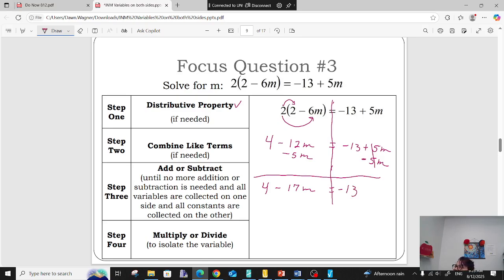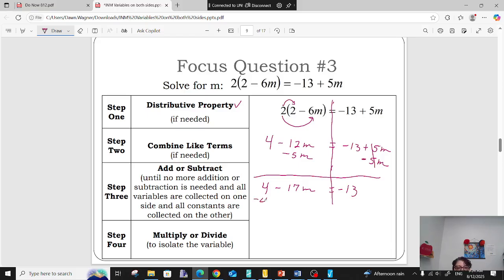So what will be my next step? Excellent. Yep. You want to get this constant over here. So that way, just like our laundry, we're separating the constants and the variables.